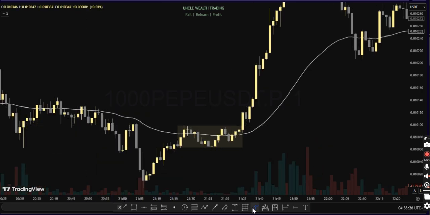So you could see this, and this happened after price broke away from this range.